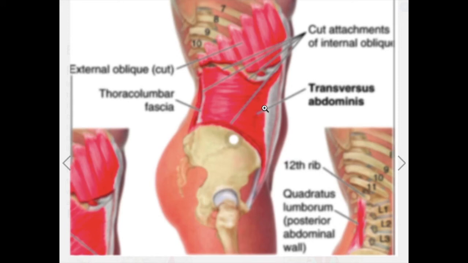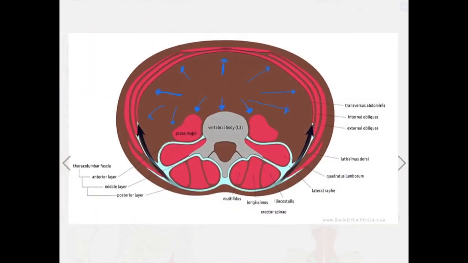Such a connection between transversus abdominis and thoracolumbar fascia forms a brilliant feedback system that keeps our spine stable. As we talked about in the previous section, outwardly directed pressure within the abdominal cavity pushes the spine backward.